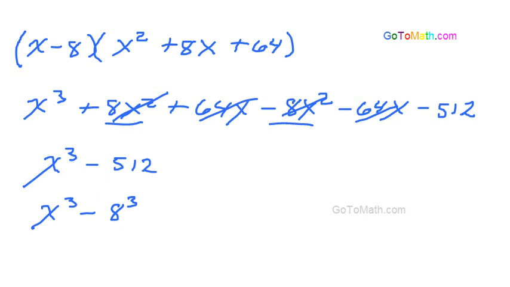8 cubed should be 512. Yes, it is. Okay, so this is actually the difference of two cubes. And to go from here to here, there's a little formula that you're going to follow, and we'll talk about that later. But once you see this, you ought to go, oh, that's the difference of two cubes, and 8 happens to be this term here, cubed.